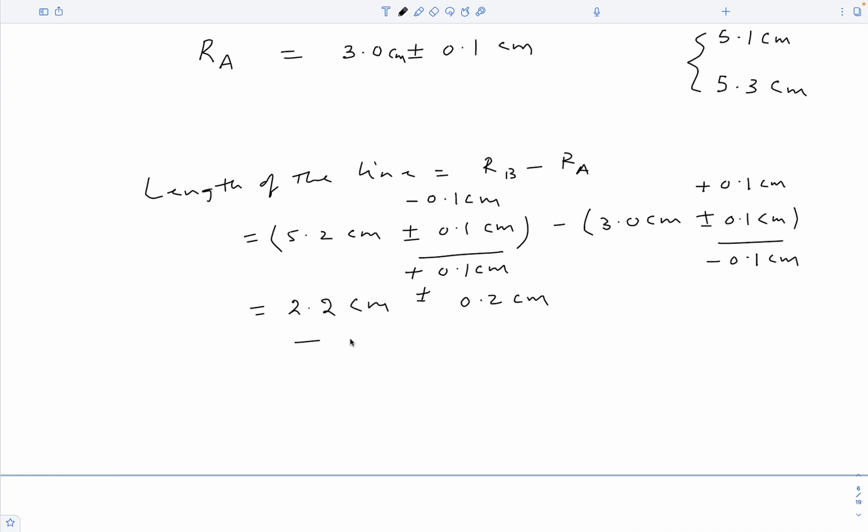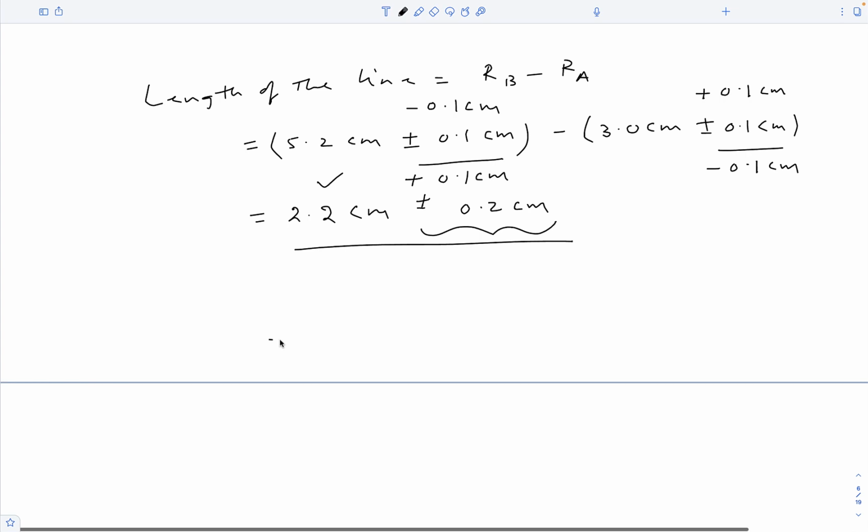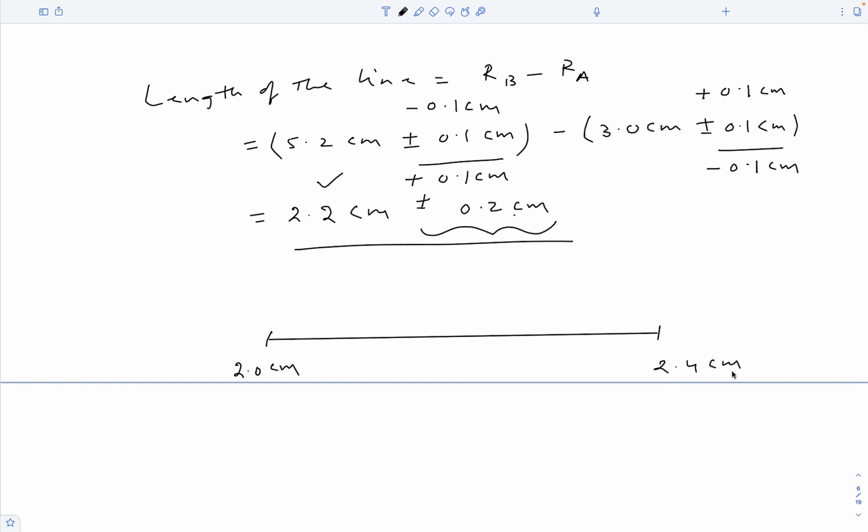So this is the length of the line and this is the amount of error or uncertainty in the measured length of this line. So this measurement tells us that the actual length of the line is somewhere between 2.0 centimeters and 2.4 centimeters. 2.2 minus 0.2 is 2.0, 2.2 plus 0.2 is 2.4.